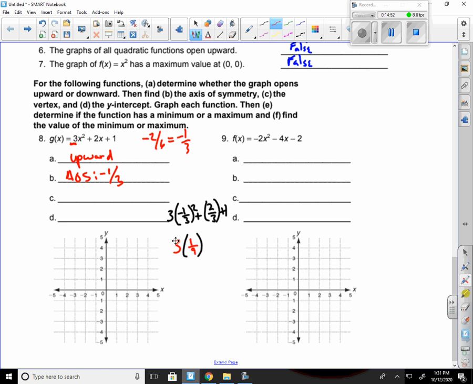So it's 3 times 1/9 plus 2/3 plus 1. 3 times 1/9 gives me 1/3. 1/3 plus 2/3, that's 3/3, or 1 whole, plus 1 is 2. So my vertex is negative 1/3, 2.